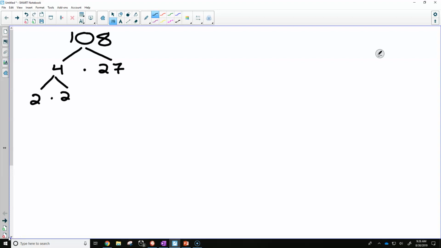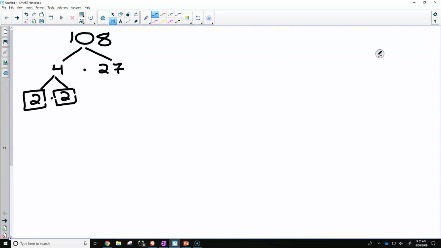These are prime numbers: 2, 3, 5, 7, 11, 13, 17, 19, 23, 29, 31, and the list can go on. But these are numbers whose only factors are 1 and itself. So, a little hint, when I get it to a prime number, I draw a box around it to show that I am done with that number.